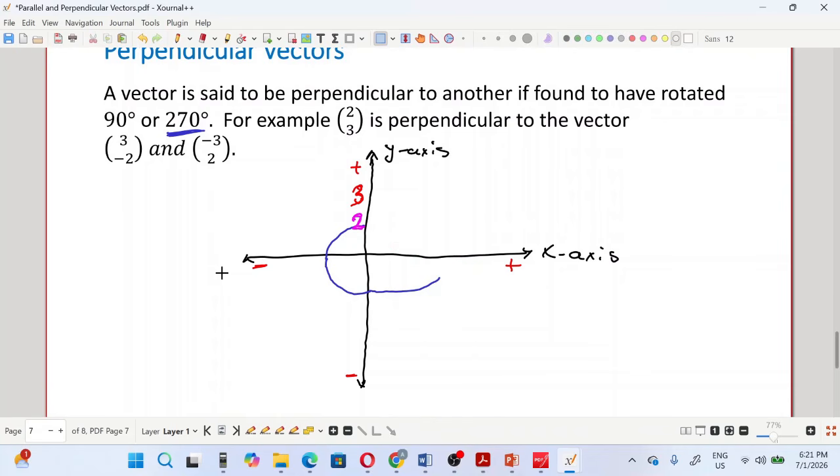Right. So we are now going to rotate our 3. Let me rotate 3 to 270 degrees. So that's our y value. We are moving it 1, 2, 3. So 3 has been rotated 90, 180, 270.